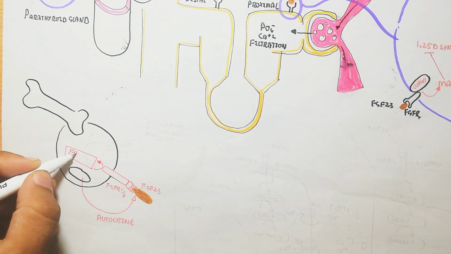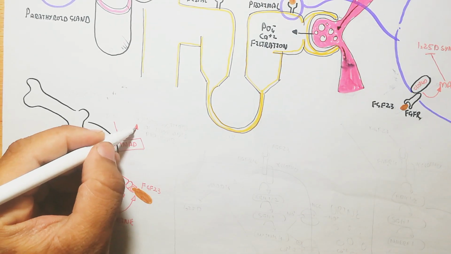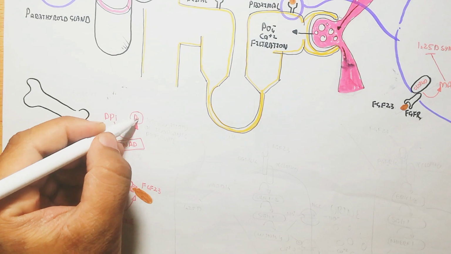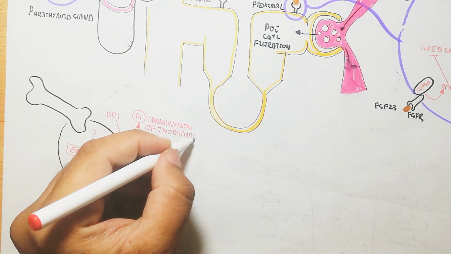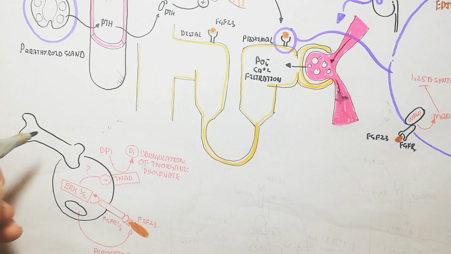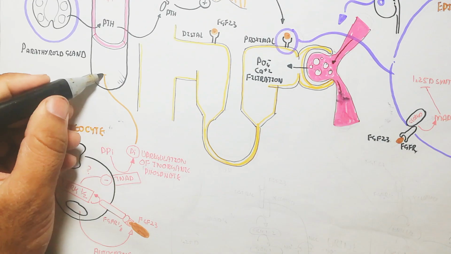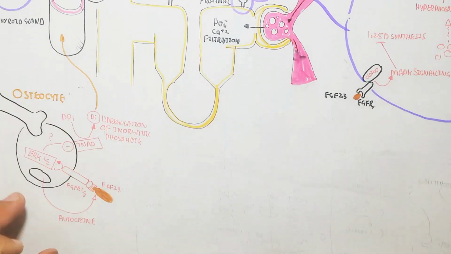What is the meaning of that? TNAP is responsible for the production of inorganic phosphate. So the upregulation of inorganic phosphate will be inhibited via FGF23 binding autocrinally, and absorption of phosphate into the blood circulatory system will be inhibited.